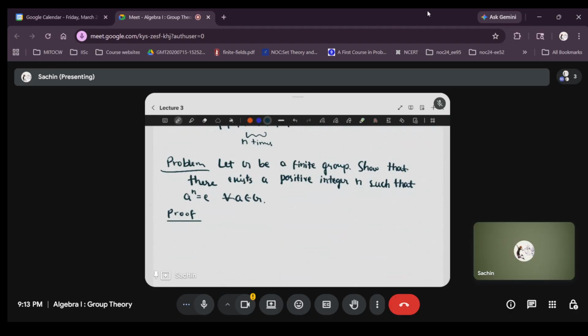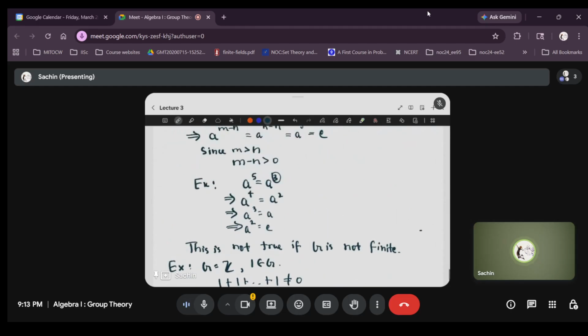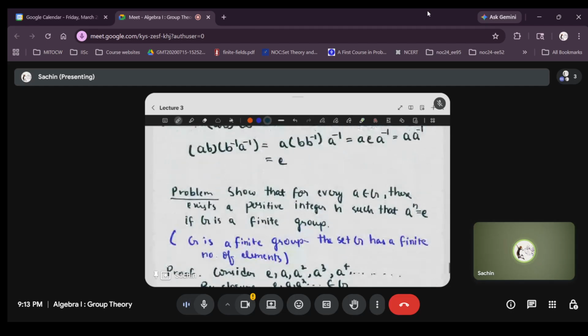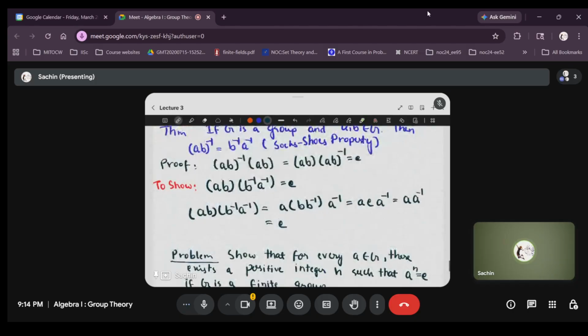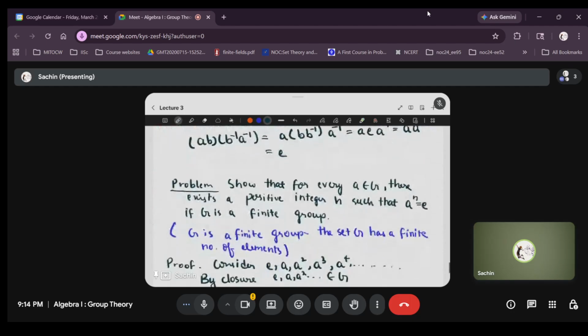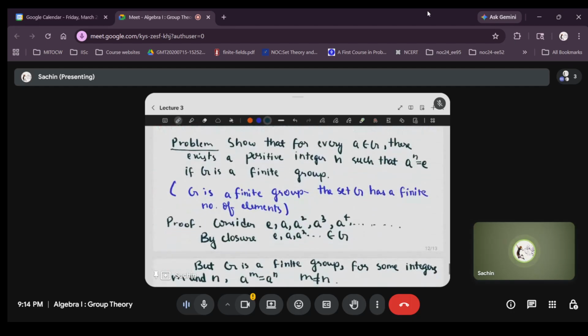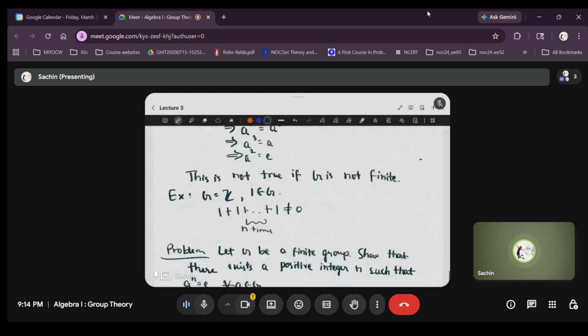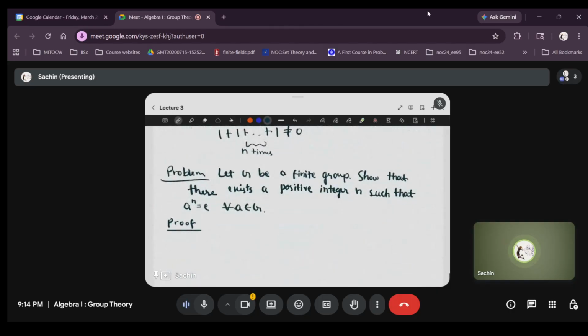Yes, there is one common number such that a power n is equal to e for all elements of the group. In the previous problem, that n could be different for different elements. Here we are saying that there is one common n such that a power n is e for all the elements.